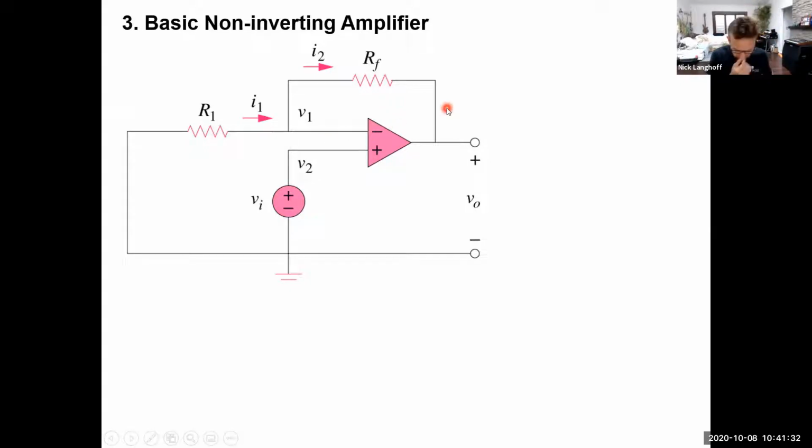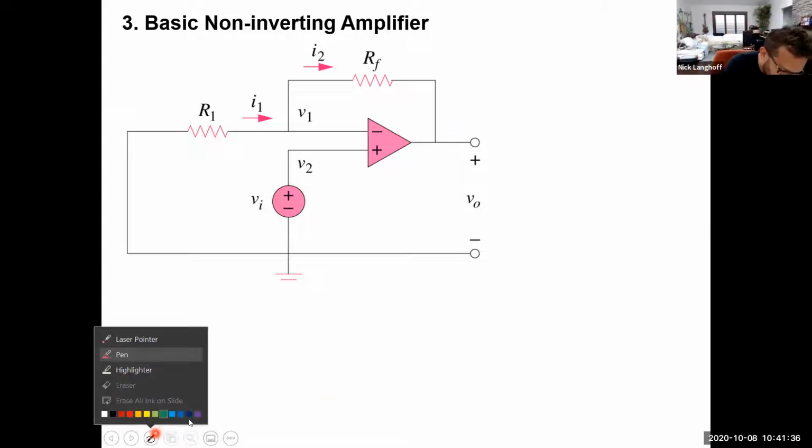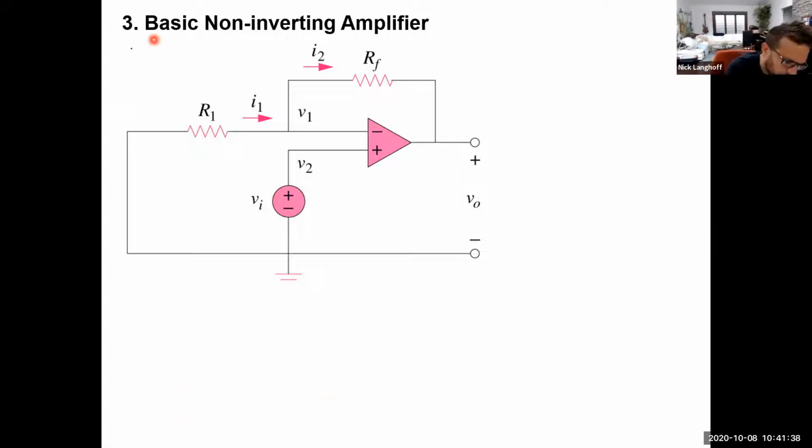Okay, so how do you recognize a non-inverting amplifier? The source is connected to VP. That's how you recognize a non-inverting amplifier.